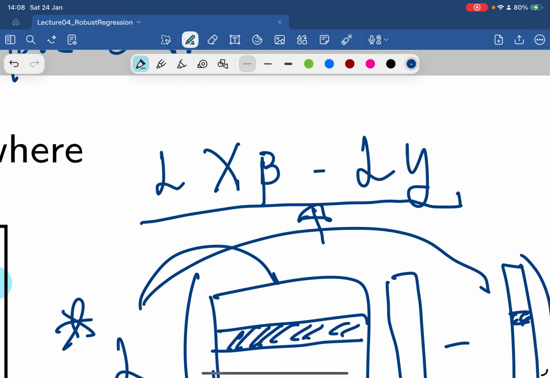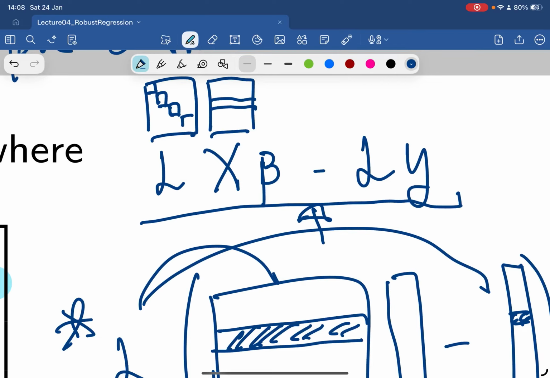If L is a diagonal matrix, then that means this diagonal coefficient will select which row on X, or maybe it can be used to emphasize which row on X we want to put a higher weight on, right? And that has nothing to do with the vector beta.